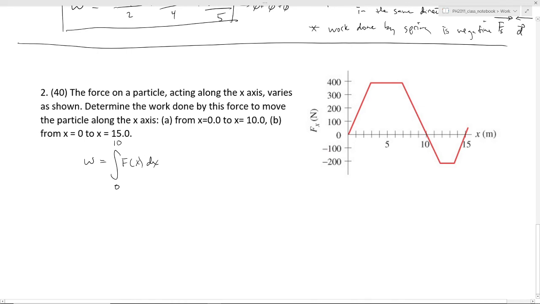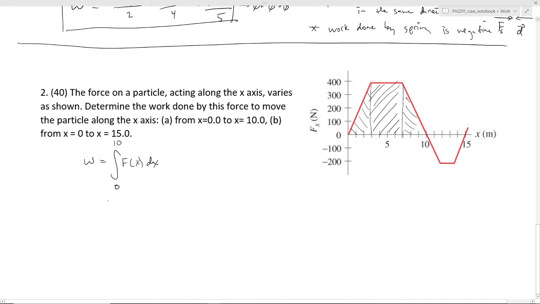And what would that be? Well, we need to figure out a way to break this thing up so we can figure out its area. So I'm going to draw some straight lines. You can see that we could find this triangle, this rectangle, and then this triangle to find the total.